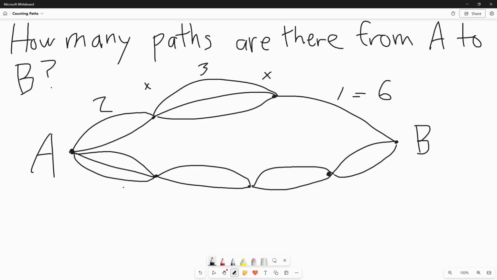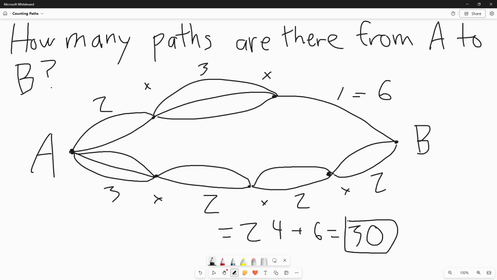So A to the first point, there are 3 possible ways, and that point to the next, there's 2, and the next to the next, there's 2, and the next to the B, there's 2. So it's 3 times 2 times 2 times 2, which is 24. And then we add both these together, so 6 and 24 added together is 30. So this means there are 30 possible paths from A to B.